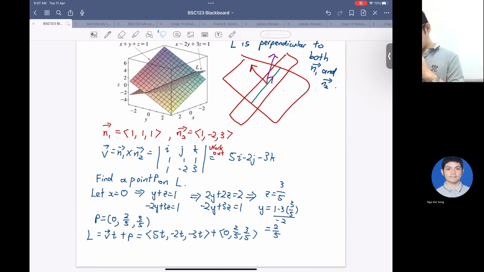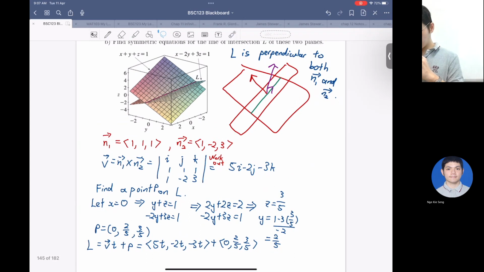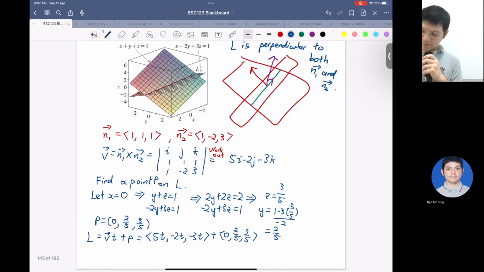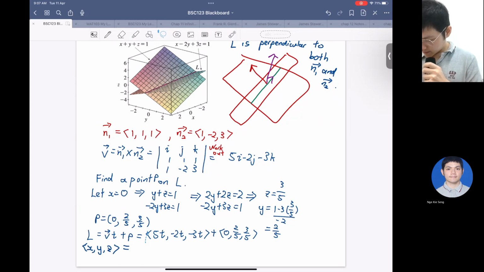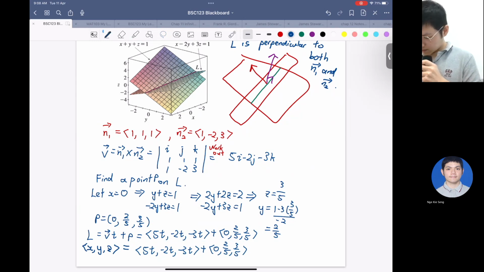Okay, so we got this line equation here. So how to get the symmetric equation? If we have this L as x, y, z equal to the right-hand side, how to get x, y, z?